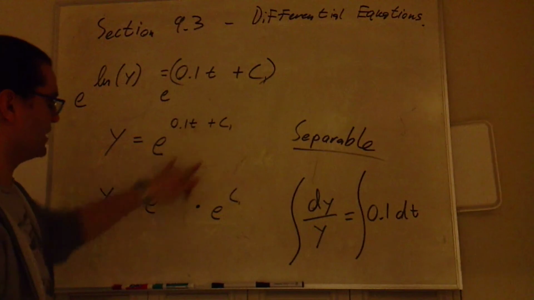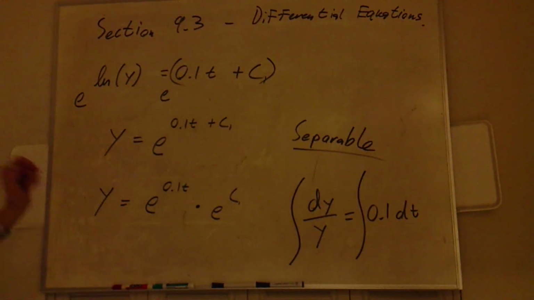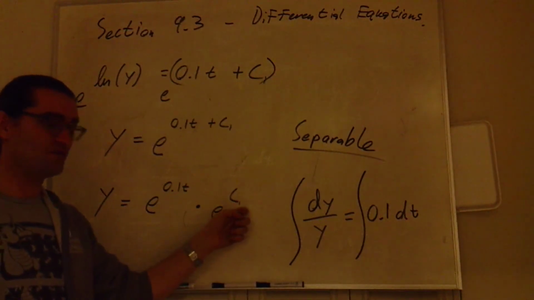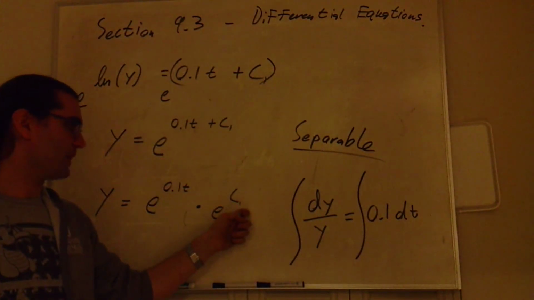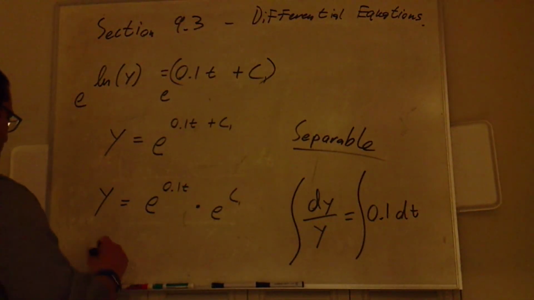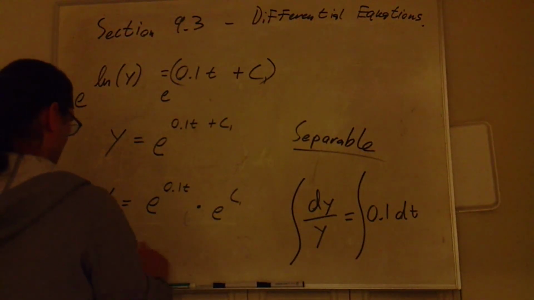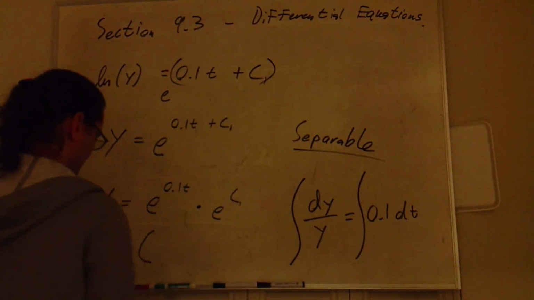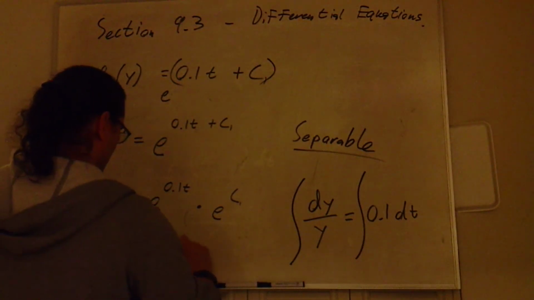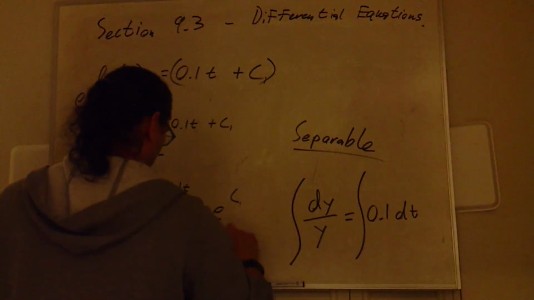So I can split that into two different e's. And now one of these things is a constant raised to an arbitrary constant. And I'm going to simplify this just by giving it a different name. That is some other arbitrary constant c. We can call this one c2 times e to the 0.1t.